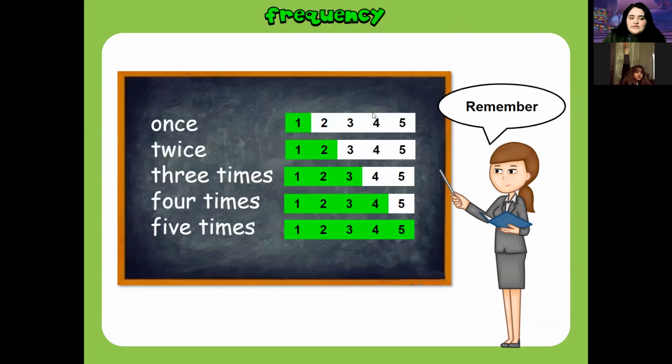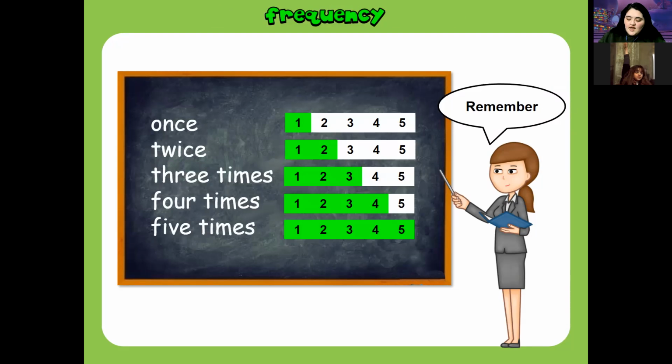That happens with all our time expressions: once, twice, 3 times, 4 times, 5 times. So all our adverbs of frequency, we replace these words with our adverbs.